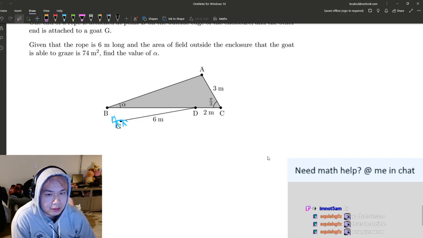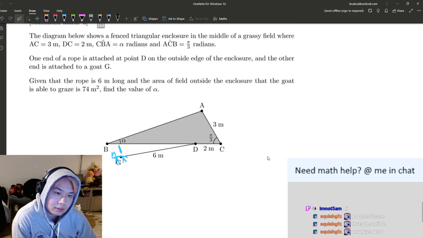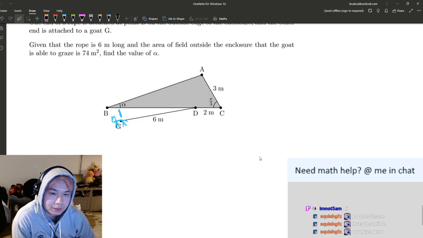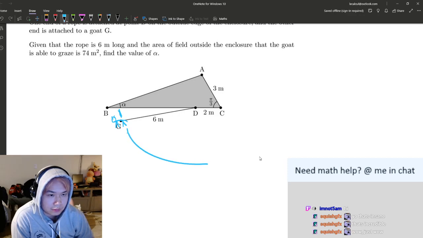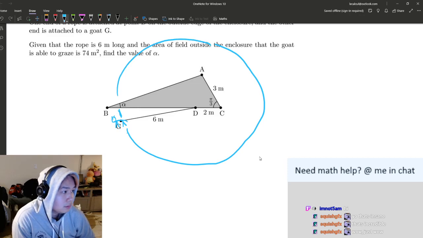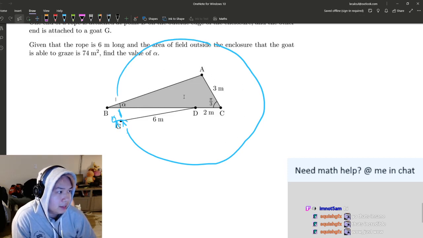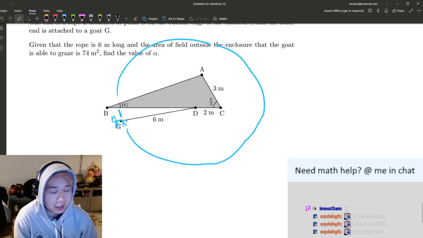So this goat can walk in a circle because it's attached to a rope. And he can eat all of this stuff except for the stuff in the fence because he's a goat and he can't get in the fence.